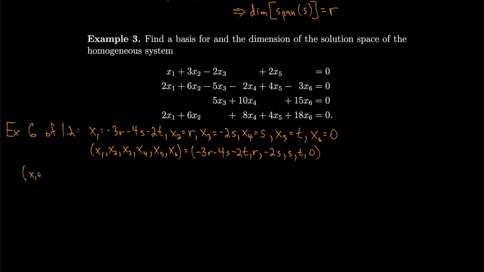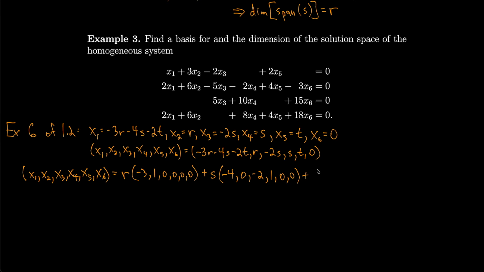So I could write x1, x2, x3, x4, x5, x6 equals r times, well, there's minus 3 over here, then there's 1, and then there's 0 r's in the rest of them, so we just have minus 3, 1, 0, 0, 0, 0, plus s times, well, there's minus 4 over here, then there's no s's, then there's minus 2, so we do 0, minus 2, and then there's 1, and then the rest are zeros.